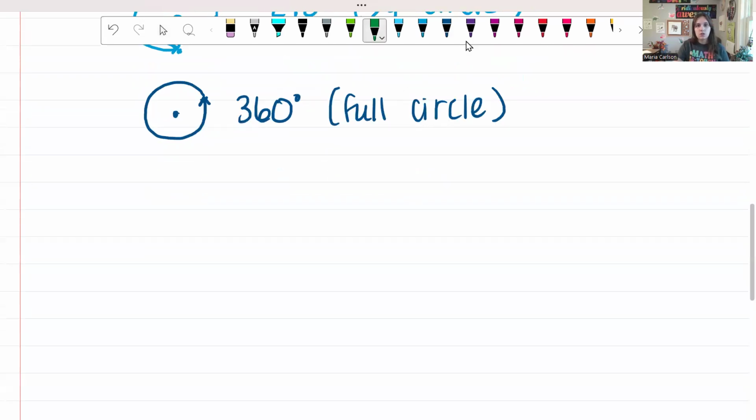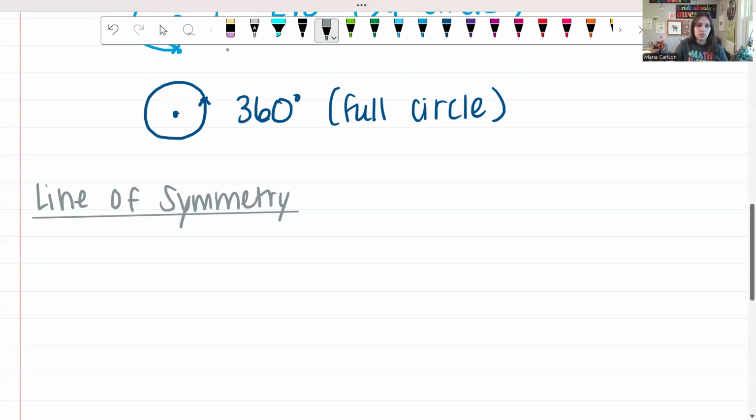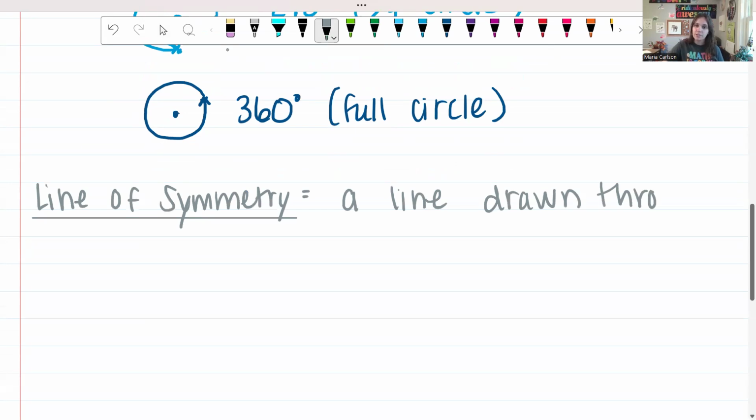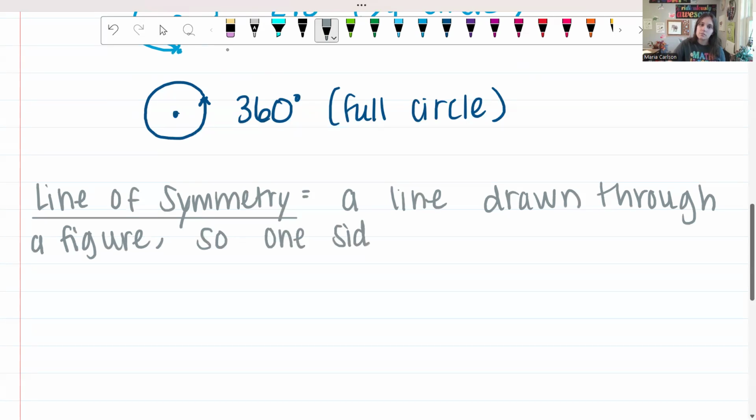All right. So an important concept that we need to define here, and we've talked about this before, is a line of symmetry. A line of symmetry is a line that can be drawn through a shape or a figure so that one side is a reflection of the other.